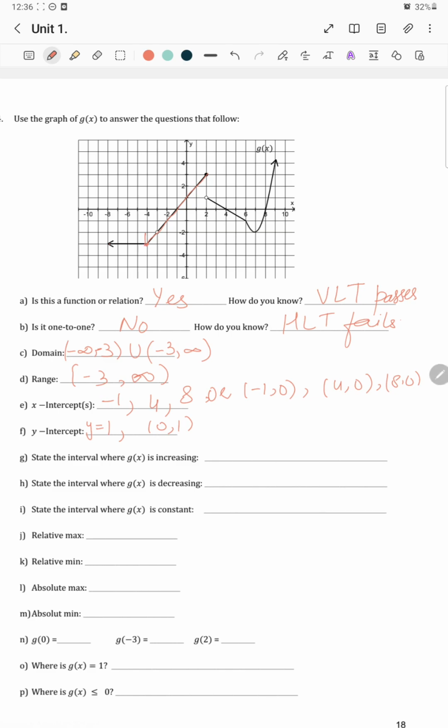So this is from -4 to -3 because there is an uncolored point over here. So it's -4 including and excluding -3, union -3 to 2, and 2 is including, union the next increasing interval from 8 to infinity.